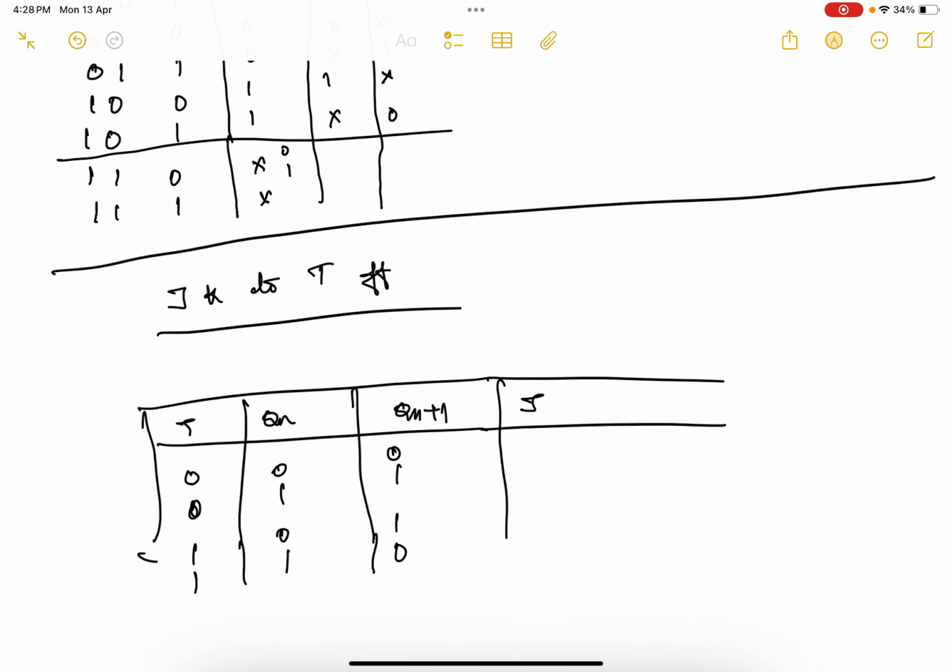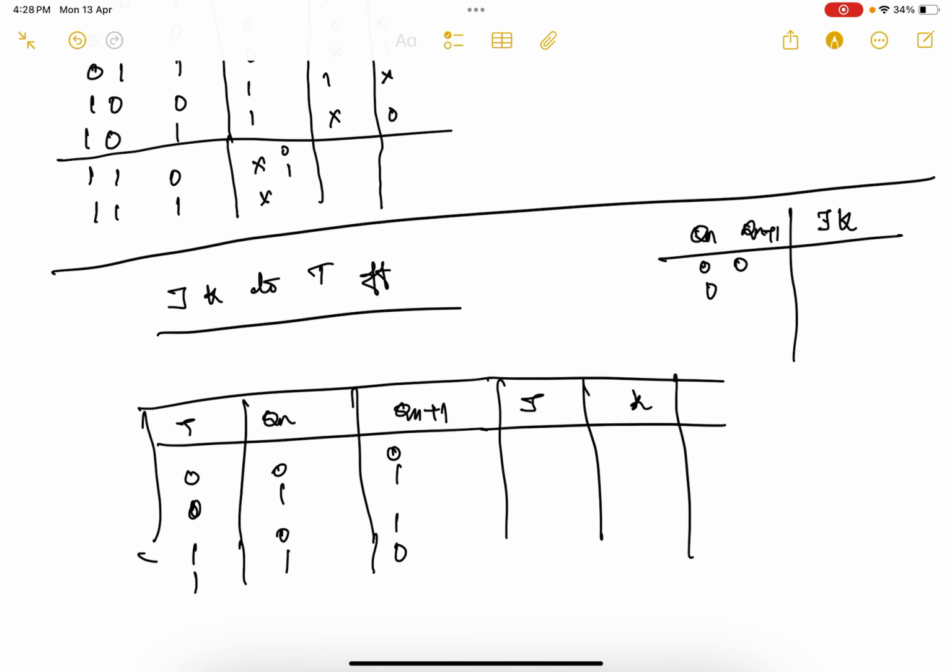Now we want to write for our JK. For that we want to know the excitation table for our JK. The excitation table for our JK is 00, 01, 10, 11.